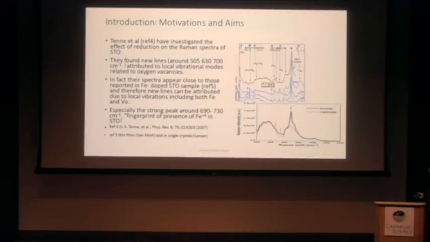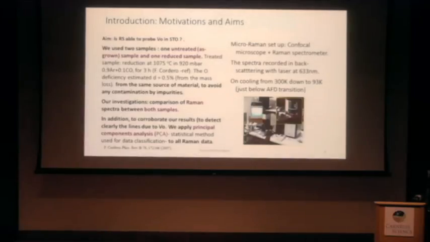So that is the reason we decided to reinvestigate by Raman spectroscopy the question of oxygen vacancy in strontium titanate. For this, we use 2 samples, one untreated sample and one reduced sample.